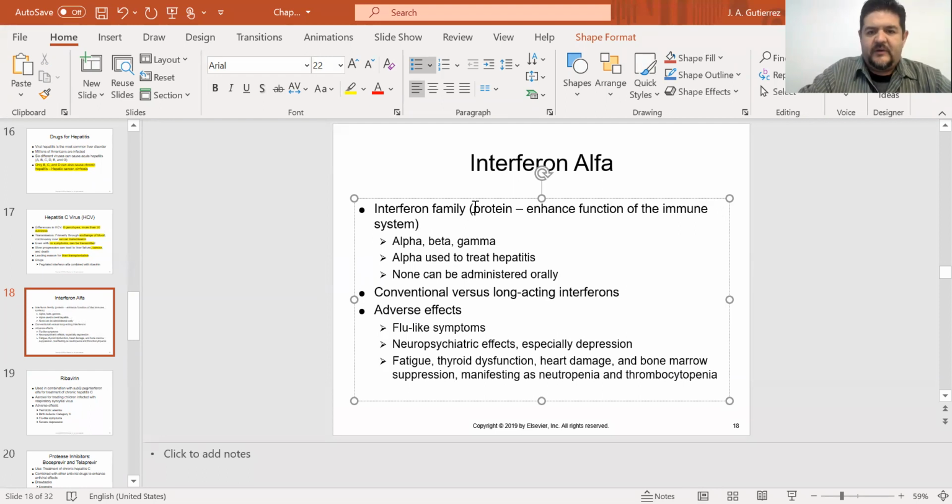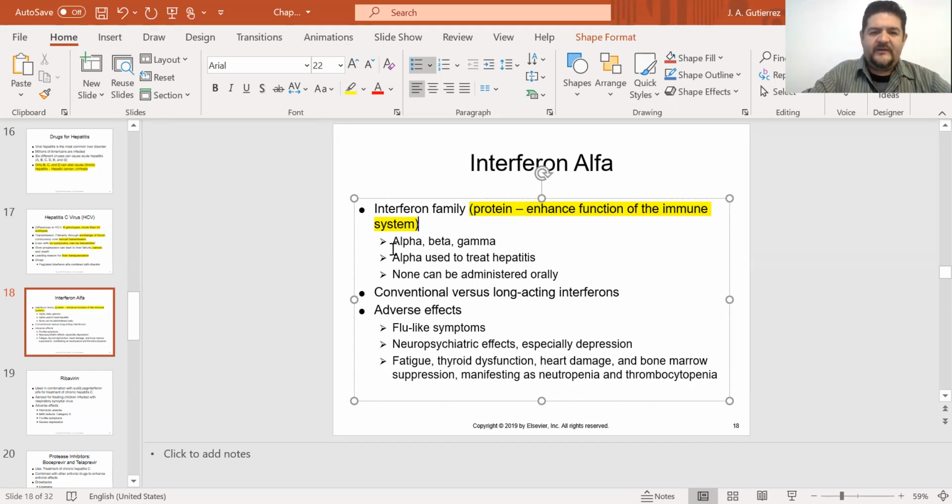So interferon basically is a protein that is going to tell the immune system, hey, this is where the virus is hiding. Come over here. So it's like a beacon. Interferon alpha is going to identify all the cells in the liver that have the infection, and it's going to mark them. That way, the immune system is able to identify what cells they need to kill. The advantage of the liver is that it's the only organ that we have that can regenerate to the original size.